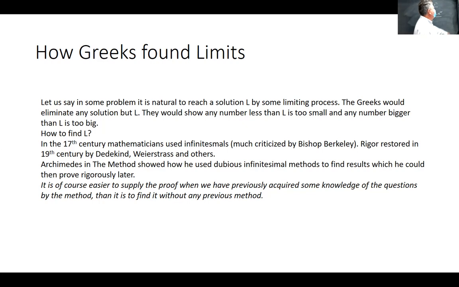And eventually in the 19th century, rigor was restored by people like Dedekind and Weierstrass, and you do all the stuff that you do in advanced calc. Remember all your epsilon delta arguments. They made everything super rigorous again by doing that.